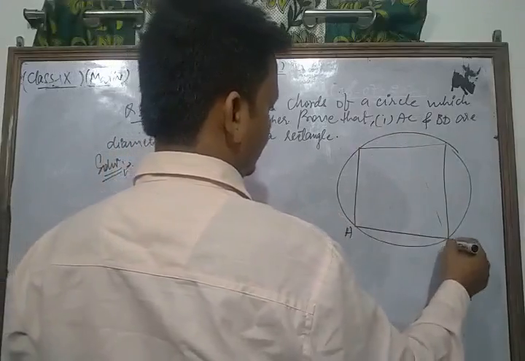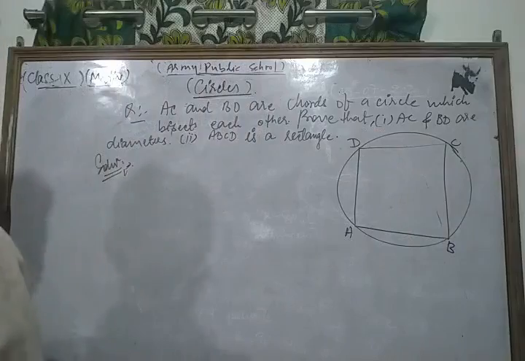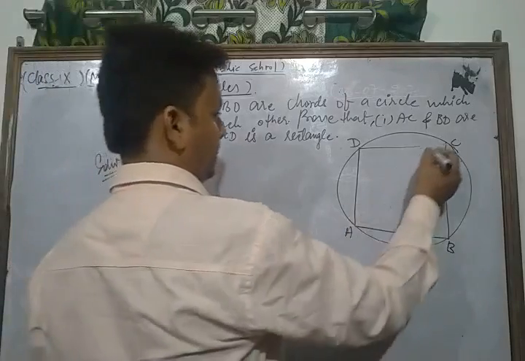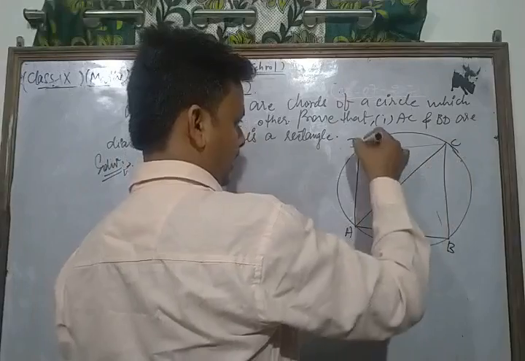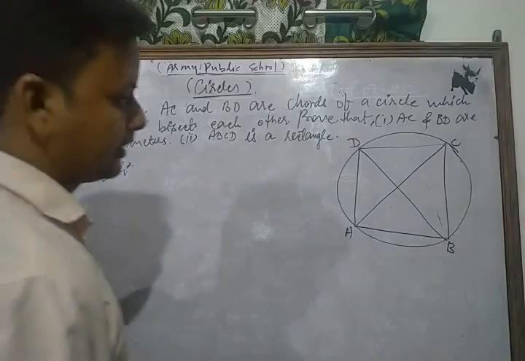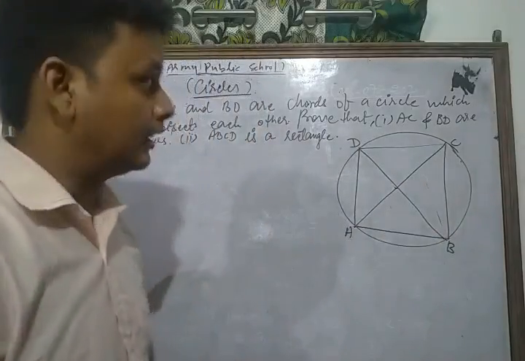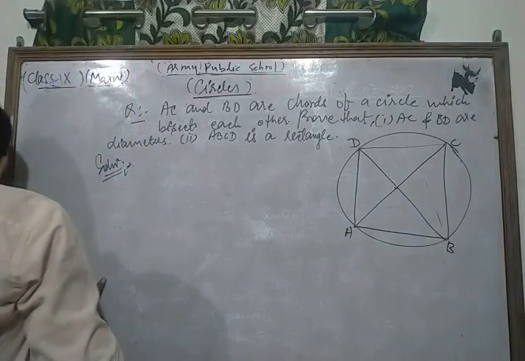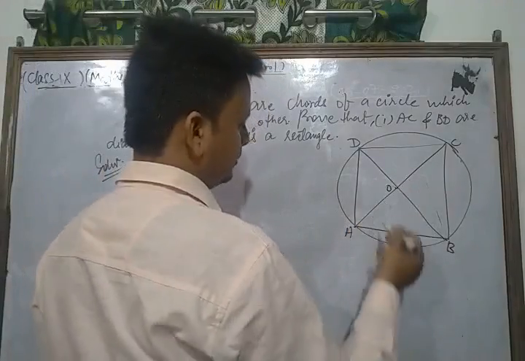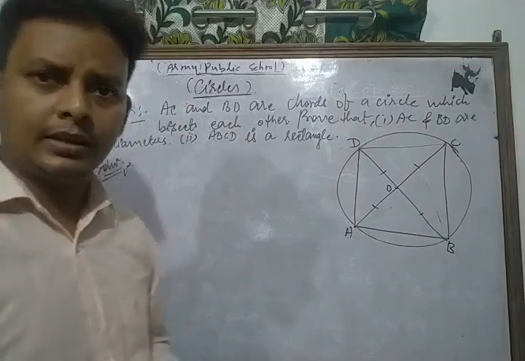This is A, B, C and D. AC and BD are considered as chords of a circle, which bisect each other. Suppose they intersect at point O. Bisects each other means OA is equal to OC, OB is equal to OD. This is the concept of bisects. So let's see its solution.